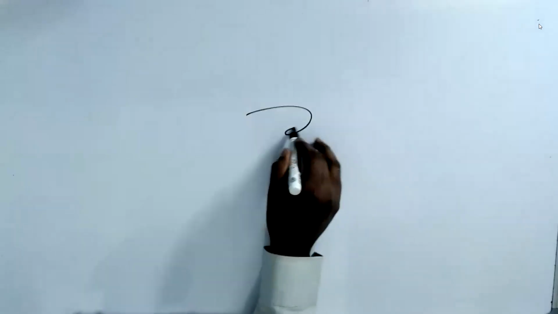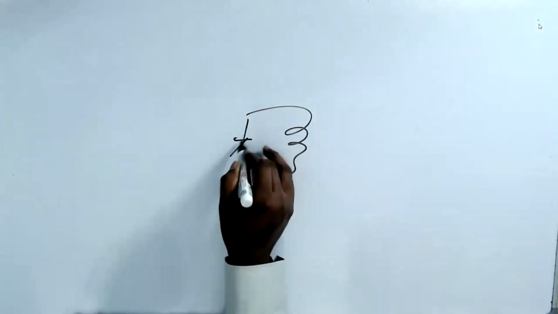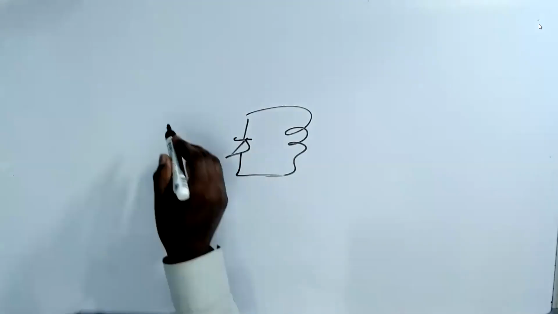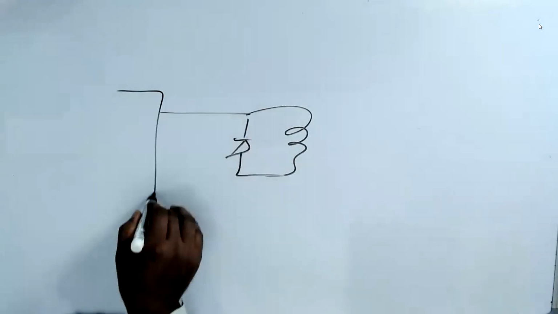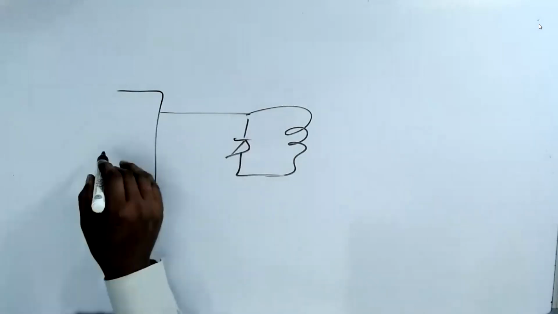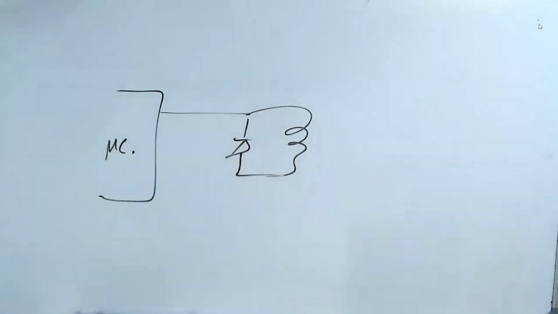And sometimes people are actually worried. The problem is, even though you have the inductor and the freewheel diode, there could be a possibility that your microcontroller will get damaged. How do you avoid it?